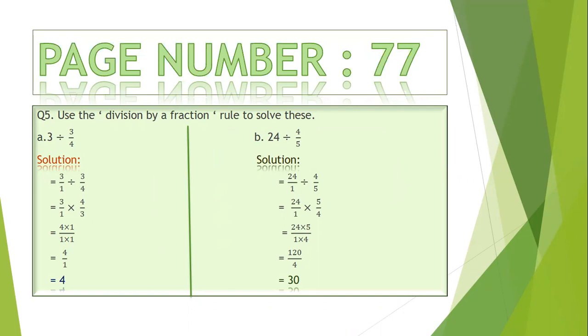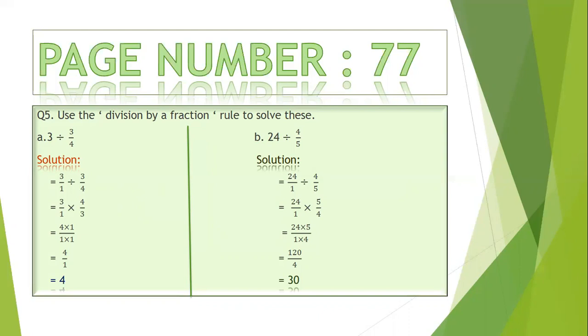So we will take the reciprocal of 3 by 4 which is 4 by 3. 3 over 1 multiply 4 over 3, 12 over 3 and then the answer will be 4 because we cancel 4 and 12 and 3, and we also can cancel 3 and 3 with each other, then 4 will be left here. You can apply both methods over here.